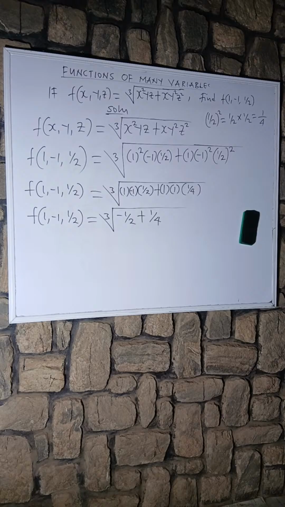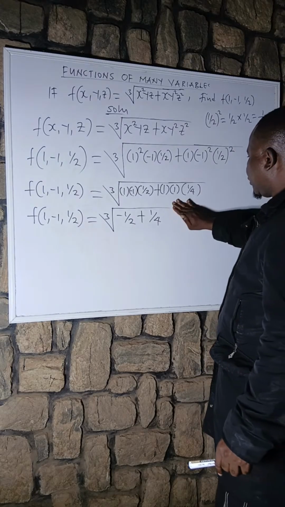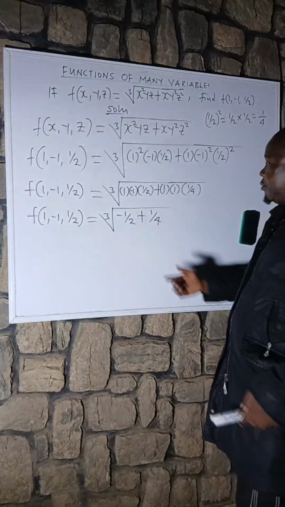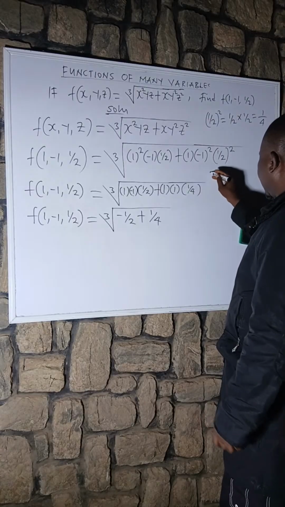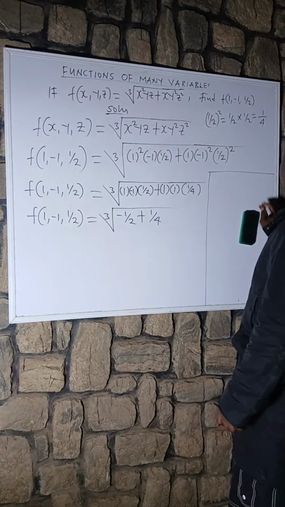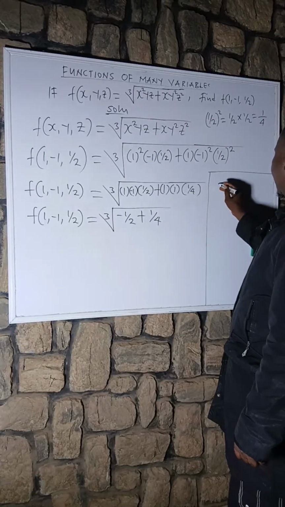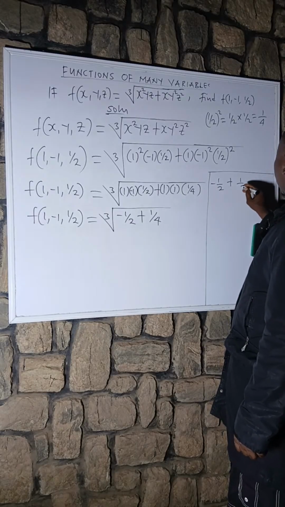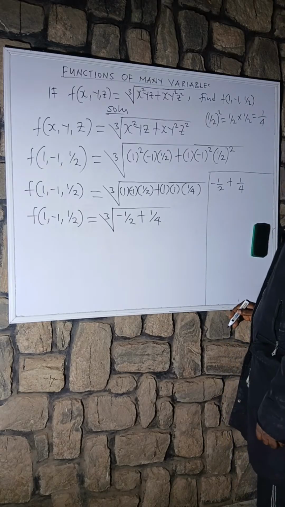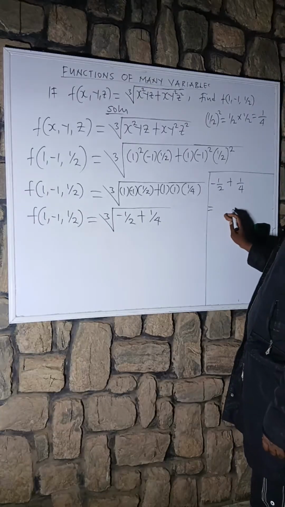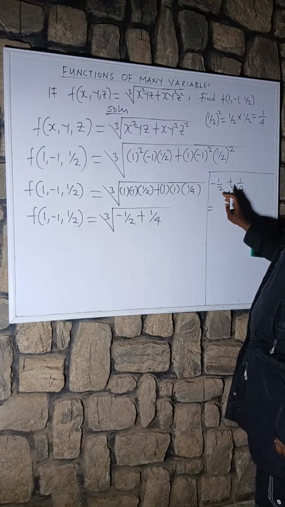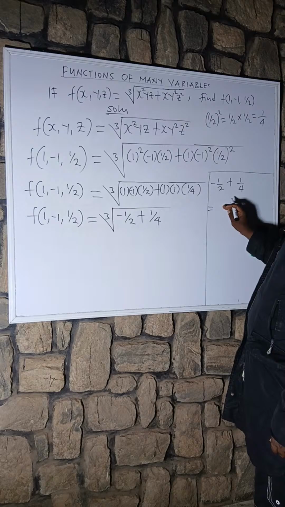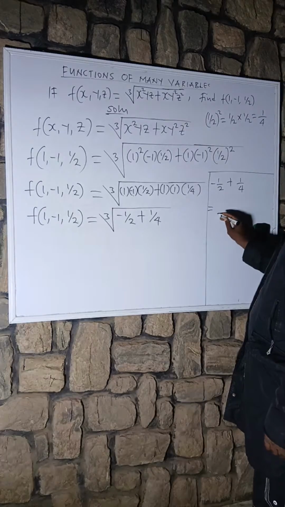So at this point, what are we going to do? We look for the LCM. Let us do it on the side. Here we have minus 1 all over 2 plus 1 all over 4, right? As you can see now, the LCM will be 4.